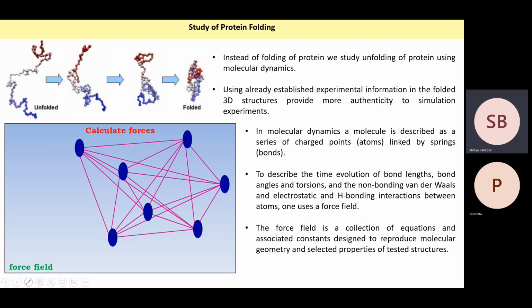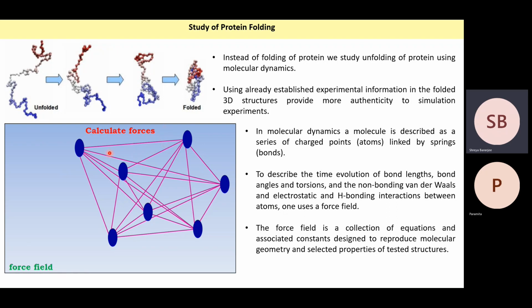So this force field is very important during molecular dynamics simulations because the force field will allow you to simulate theoretically all the energies that are present between different atoms. So, different atoms can have bonded interactions like covalent bonds or non-bonded interactions like van der Waals or hydrogen bonds.